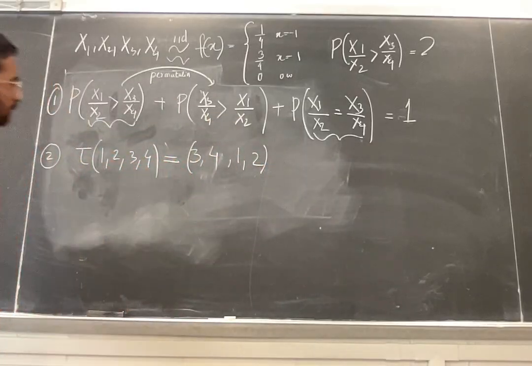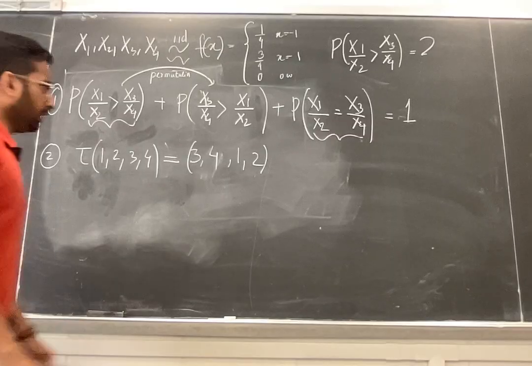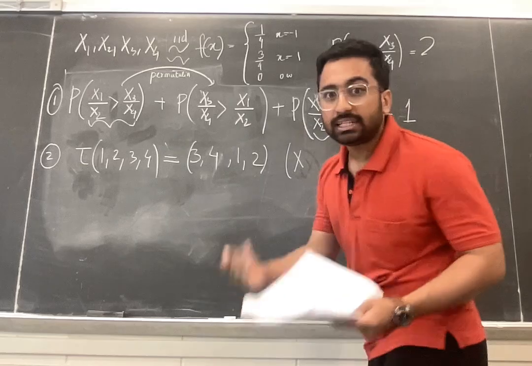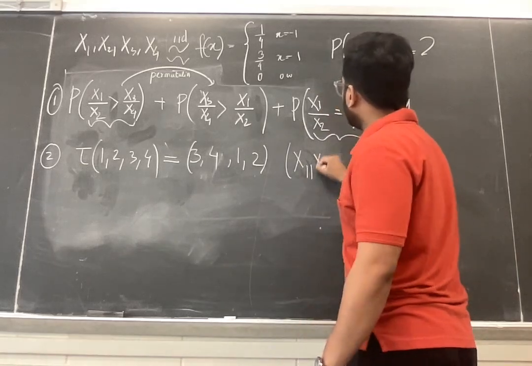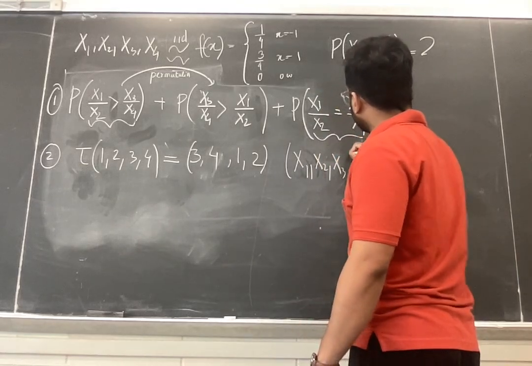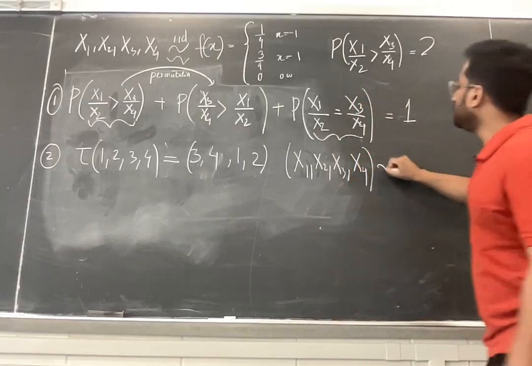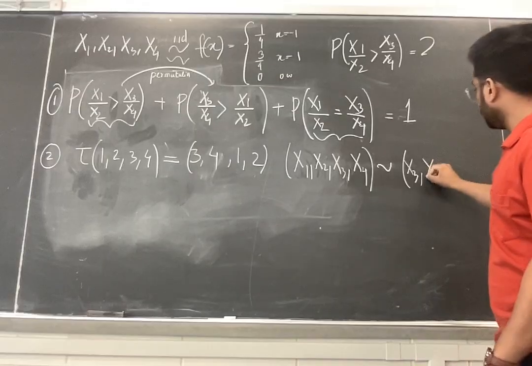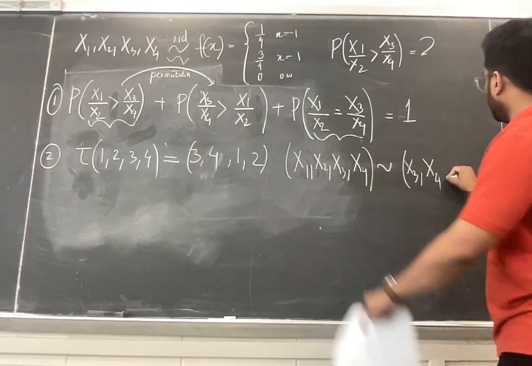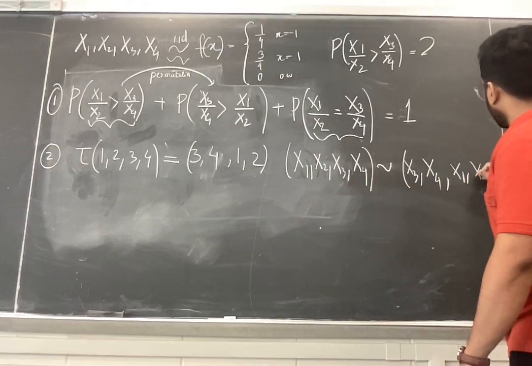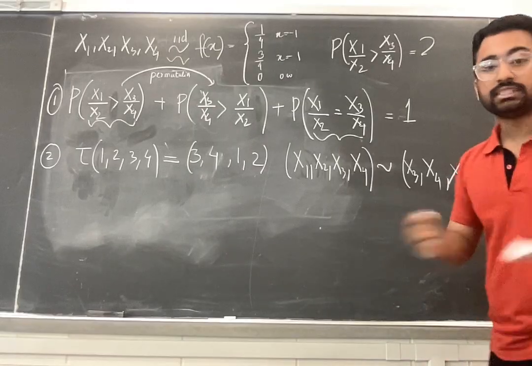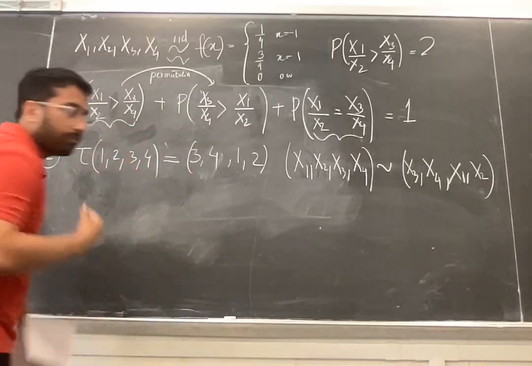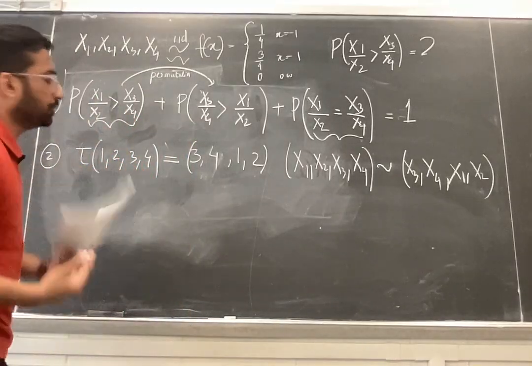If we take this permutation, then by the exchangeability idea, (x1, x2, x3, x4) is similarly distributed as (x3, x4, x1, x2). The distribution is the same, by the exchangeability theorem, the symmetry theorem.